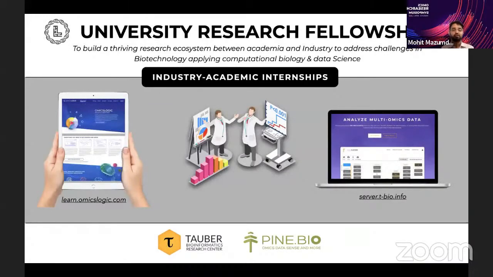As you learned about the OmicsLogic Research Fellowship, similarly, the collaboration between industry and academia is the key. That has been discussed in the symposium, and we are going to learn from a lot of speakers who are coming from industry as well as from academia.